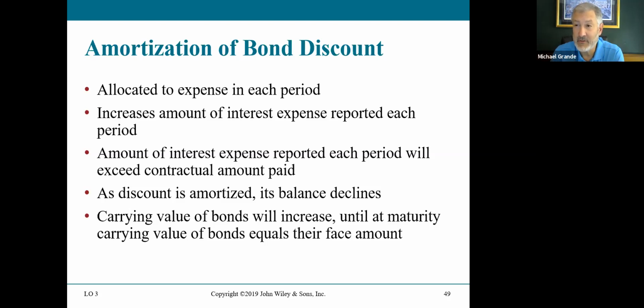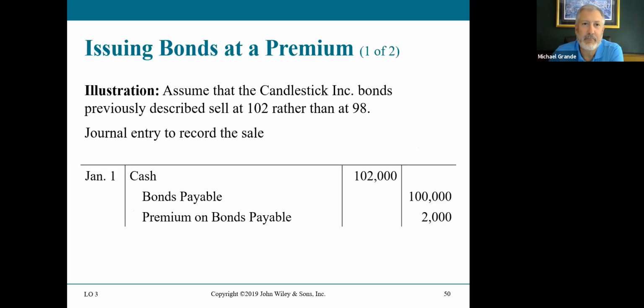The premium or discount accounts for the differential. The amount of interest expense reported each period will exceed the contractual amount paid. As the discount is amortized, its balance declines. The carrying value of the bonds will increase until at maturity, the carrying value of the bonds equals their face value, which brings it up to the $100,000 amount.